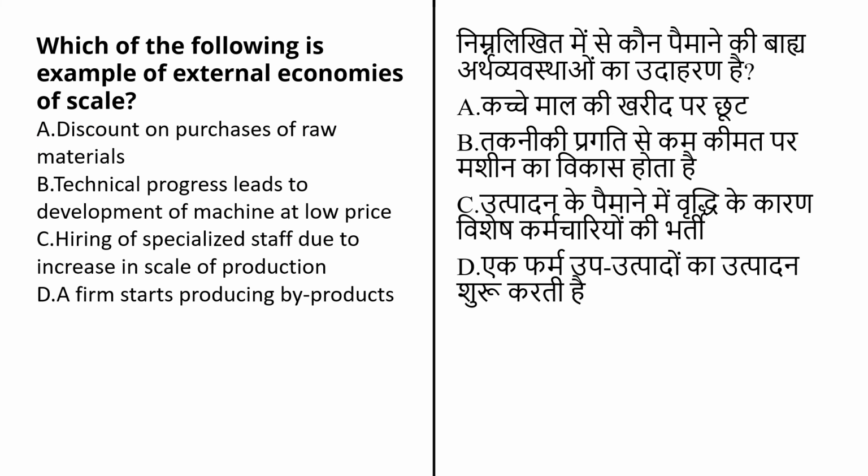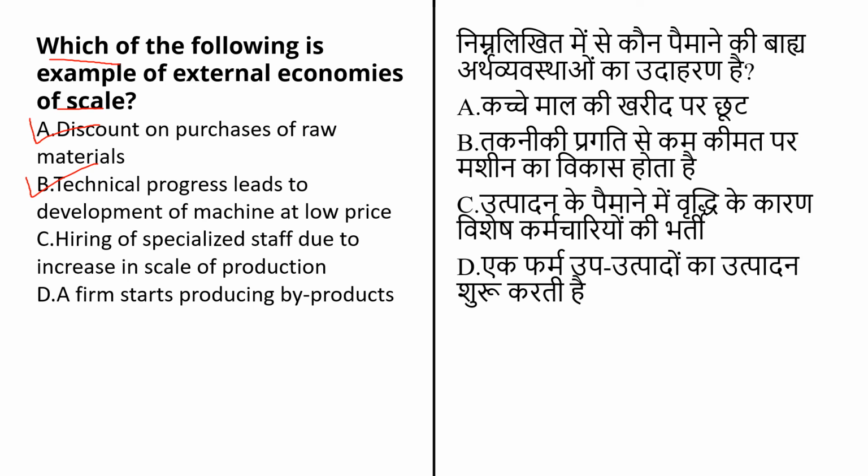The next question here is: which of the following is an example of external economy of scale. In this question they ask you which is the example of external economy of scale, and for this they have given you the options. The first option is discount on purchase of raw materials. Second option is technical progress leading to development of a machine at a low price.